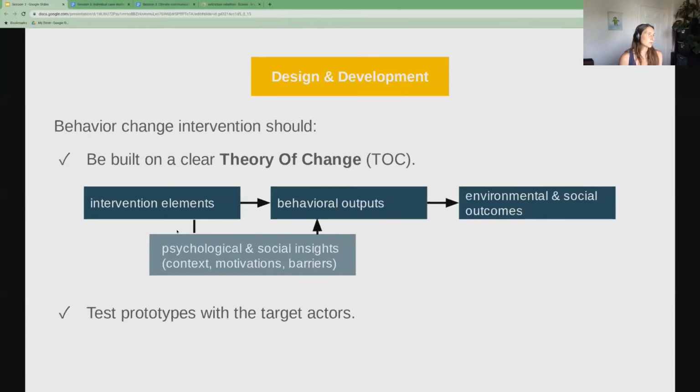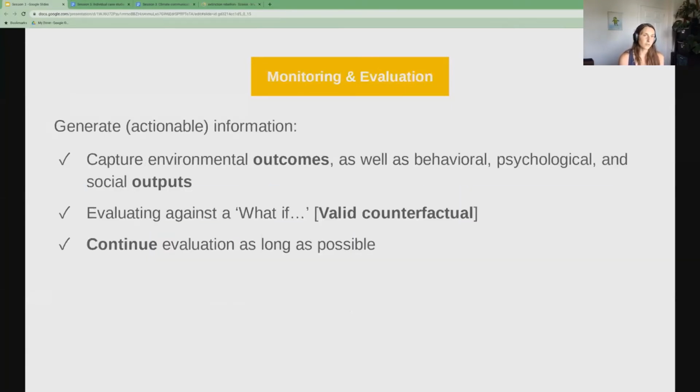And the last bit, which mainly comes after you've run your campaign, is the monitoring and evaluation. And the aim of this bit is to generate actionable information. So why have we added the actionable in there?